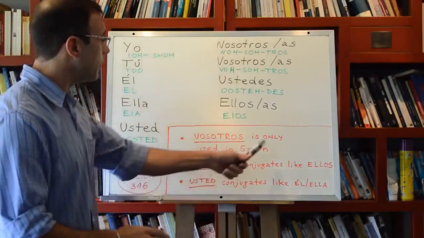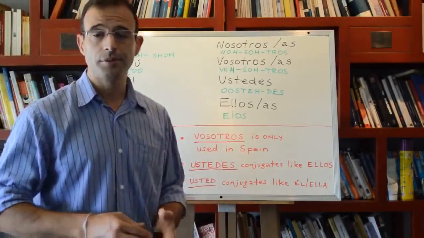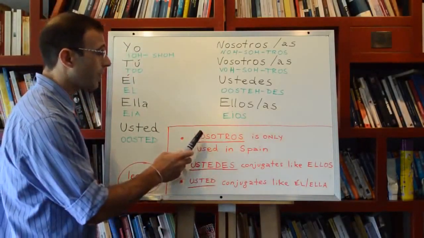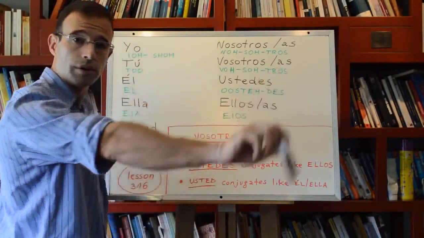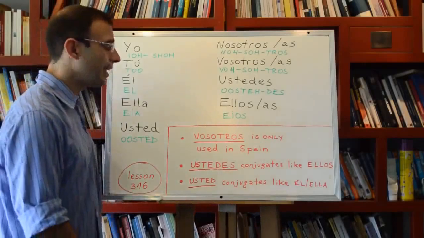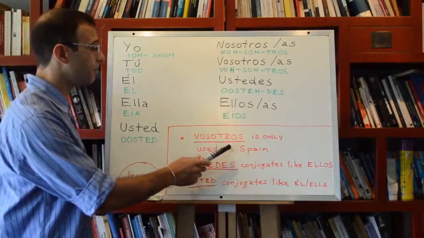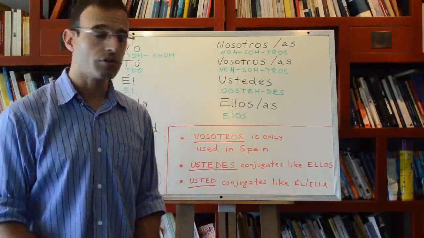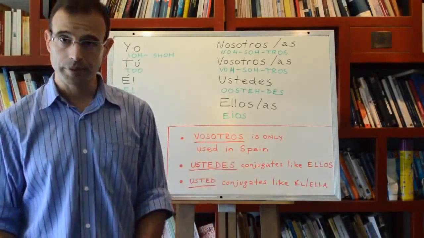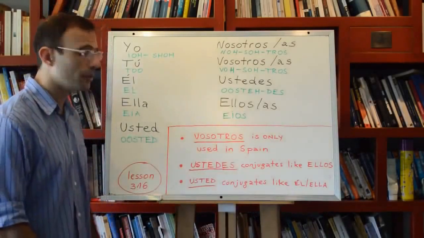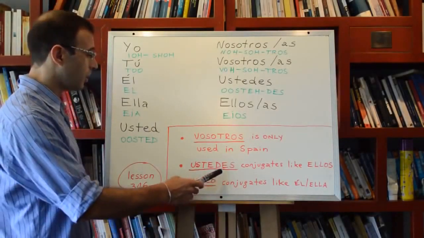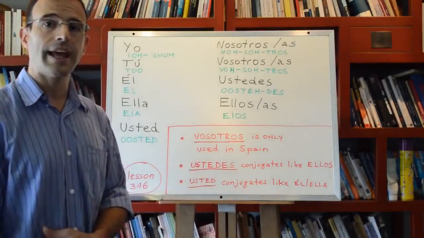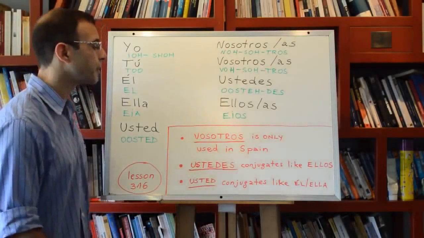Okay, now in red I have written 3 points I want you to remember. First of all, that vosotros, you all, informal, is used exclusively in Spain. So no Latin American country uses vosotros whatsoever, okay? In Latin America, we only use ustedes for formal and informal, okay?